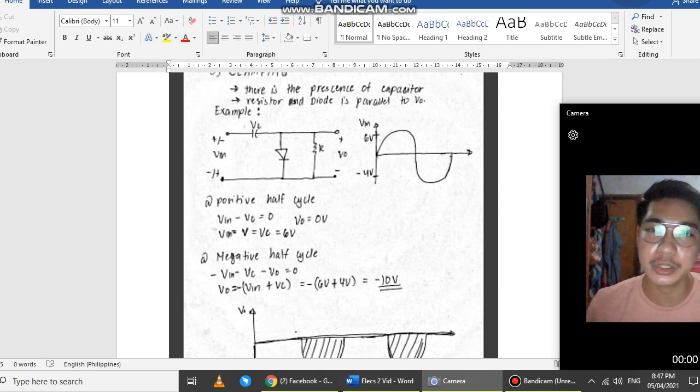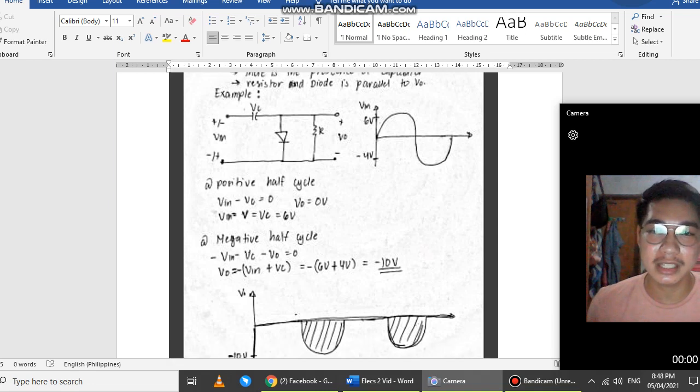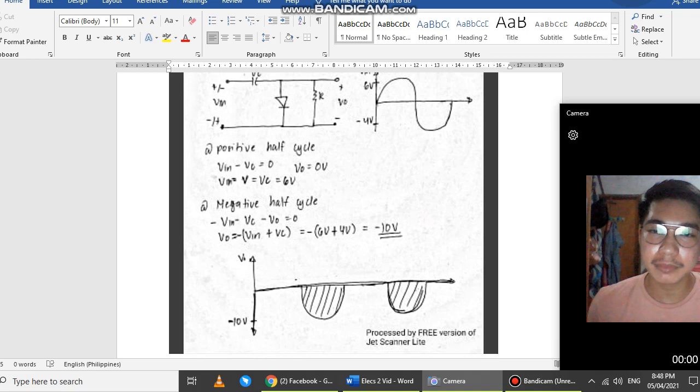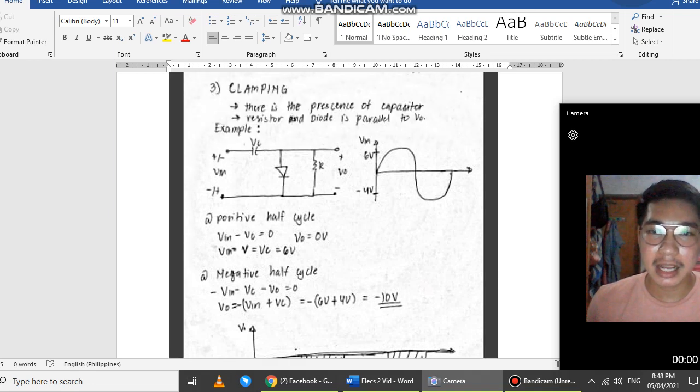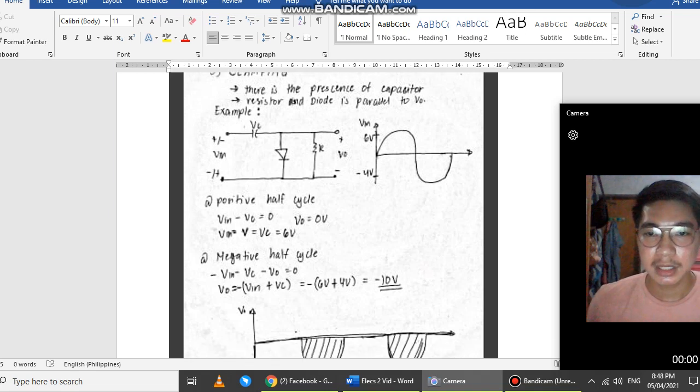Therefore, there is no current passing through this resistor. So the input voltage would be equal to the voltage at the capacitor, which is equal to 6 volts. So at the negative half cycle, this diode will be open, therefore there is current passing through this resistor.